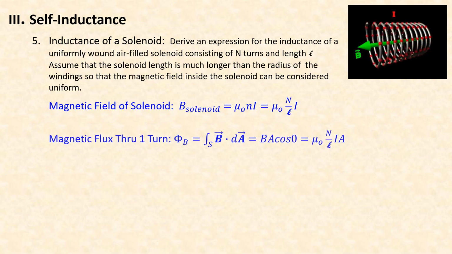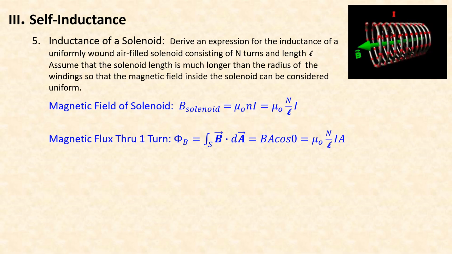So we will then try to calculate the magnetic flux through one turn of the solenoid using our definition of magnetic flux as this surface integral of B dot dA. Since the magnetic field is uniform and is in line with the solenoid axis, notice that it is in the same direction as dA.